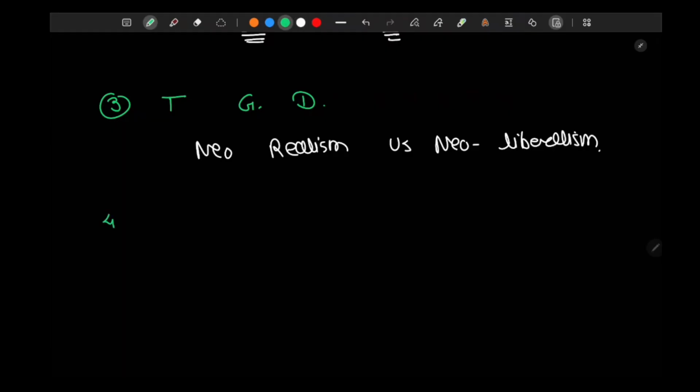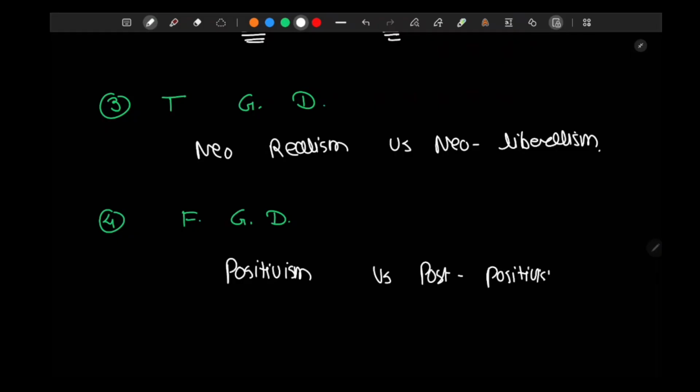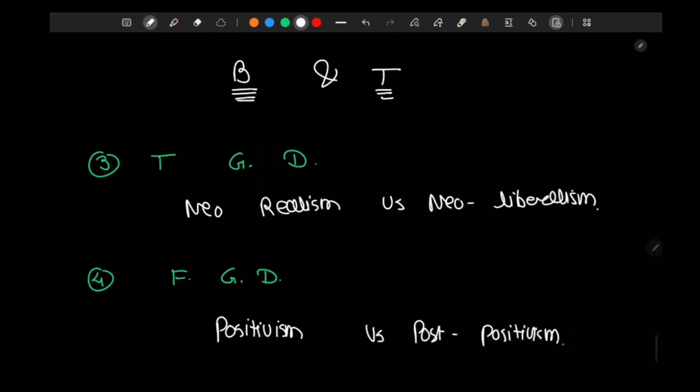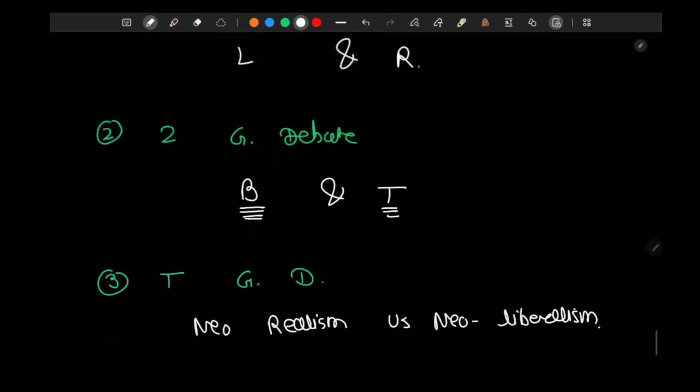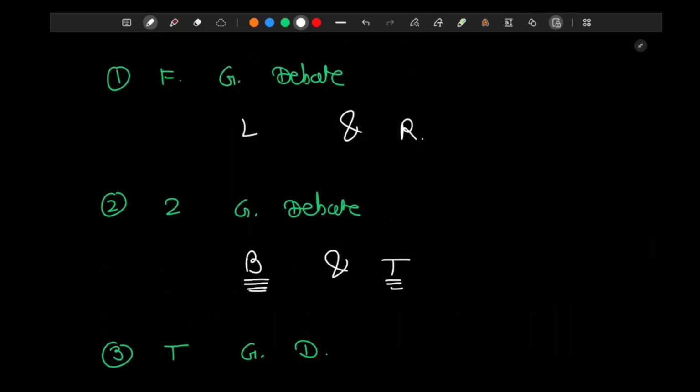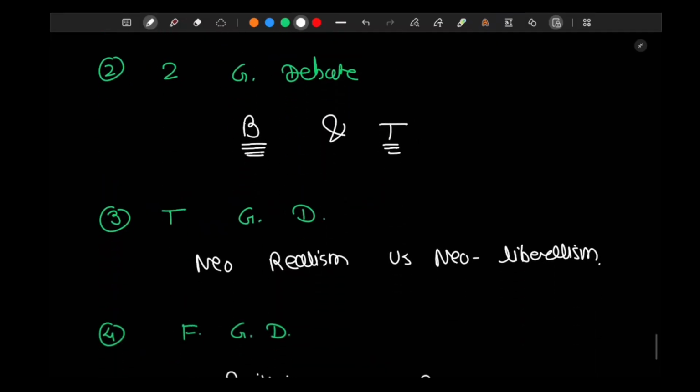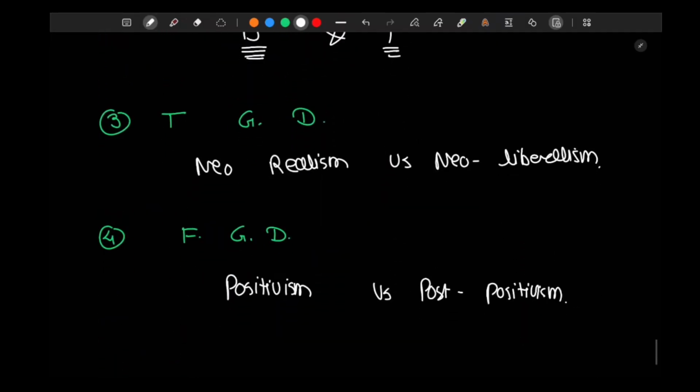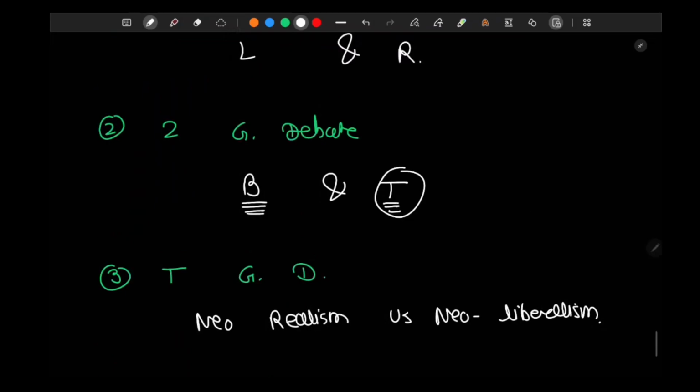The fourth great debate has been between positivism versus post-positivism. So these are some approaches, basically approaches with respect to international politics. There are one or two more approaches which do not find place here, but again traditionalism has those approaches.